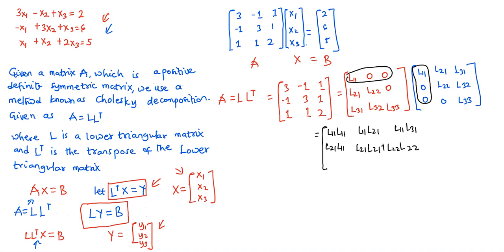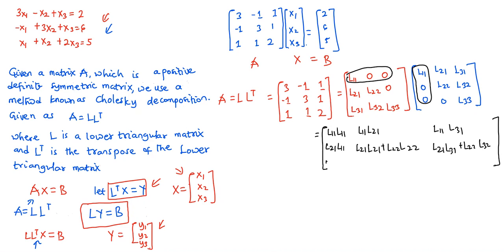So what I'll do is let me write this value here, L11, L31. For the last value in this row we have row 2 column 3. So you're going to have L21 multiplying L31, plus L22 multiplying L32, and then plus 0. And then we're going to have the last row multiplying the first column.